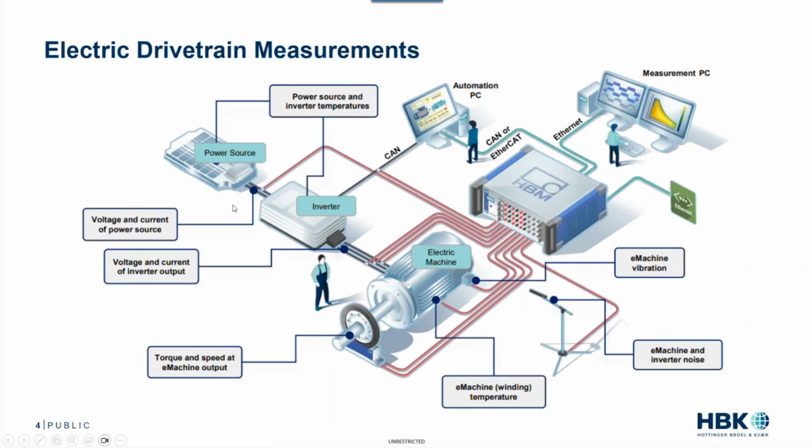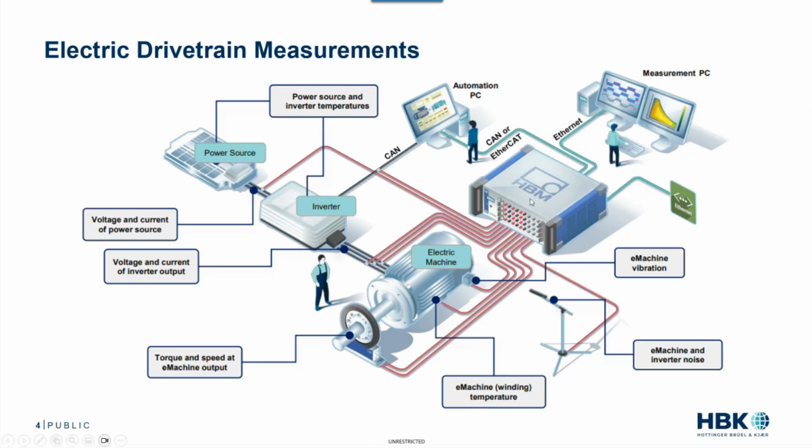The test engineer is going to be interested in knowing the voltage and current out of that power source, the voltage and current from the inverter, the torque and machine output from the electric machine, possibly some other physical signals such as temperatures from the power source and inverter, as well as temperatures at the electric machine, and maybe some other physical quantities, things like vibration or noise or flow or pressure coming from that electric machine.